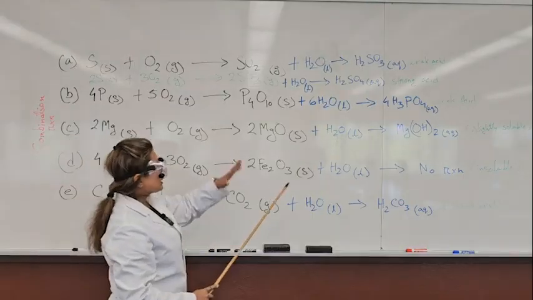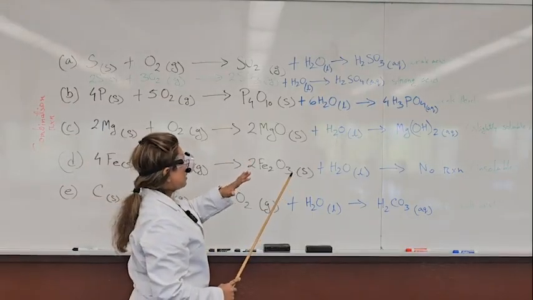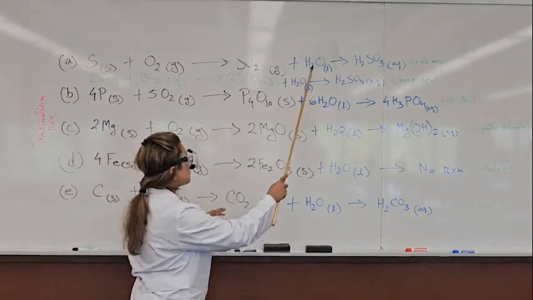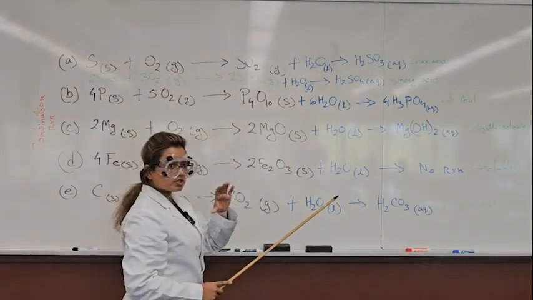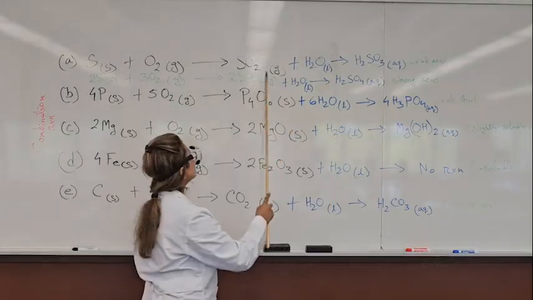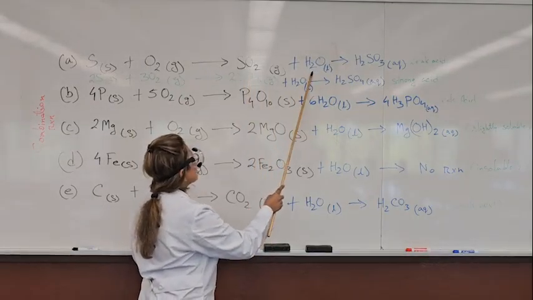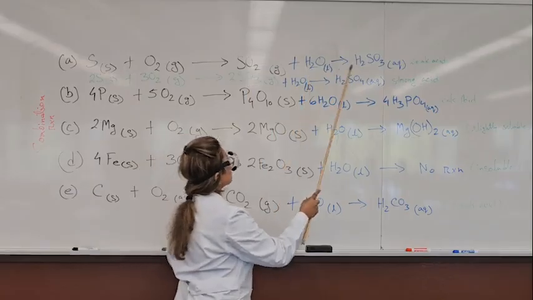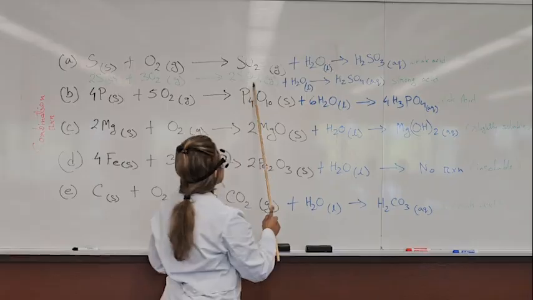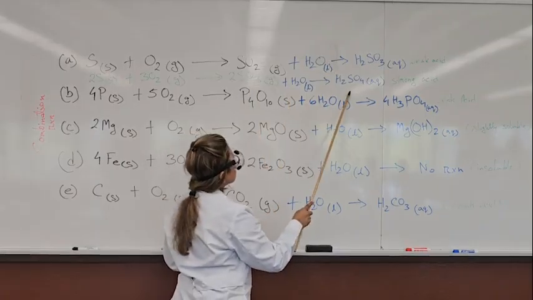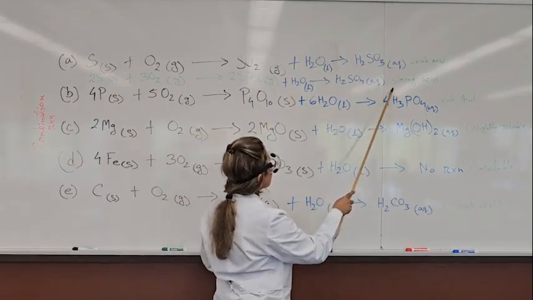and then we let it set to react with the water, because inside the jar we have water too. Then the sulfur dioxide and sulfur trioxide react with the water. Sulfur trioxide reacts with the water and produces sulfuric acid, which is a strong acid.